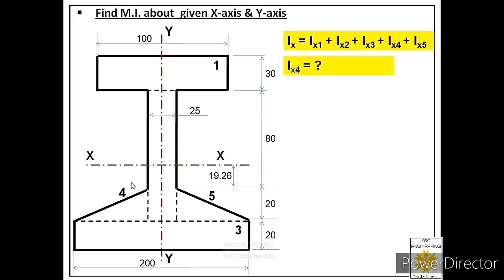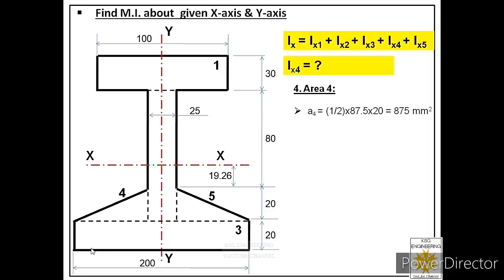Ix4 is related to area 4. It means the very next step is we should find A4, that is the area of the next area, which is a triangular area. So in this case we will say half into base into altitude. Let us see how much is the base of this triangular area.